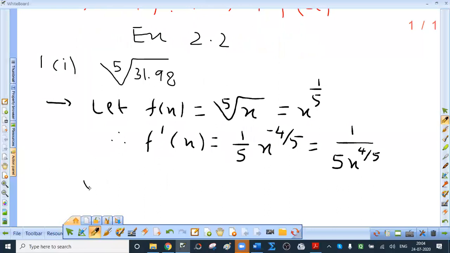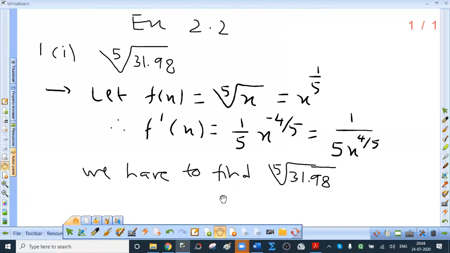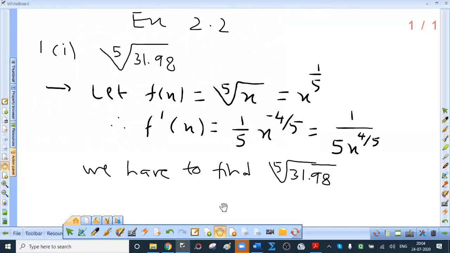Now I will say we have to find, let me explain first. We have to find fifth root of which number? 31.98. Now do you know the number whose fifth root is known? Yes, it is 32 because 2 raised to 5 is 32. Therefore I say take a equal to 32, but remember total should be 31.98.